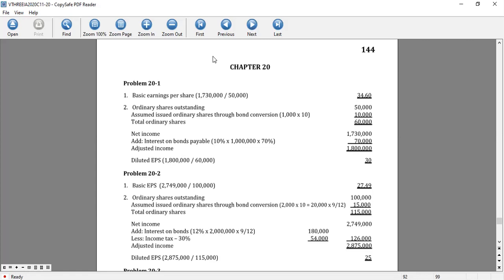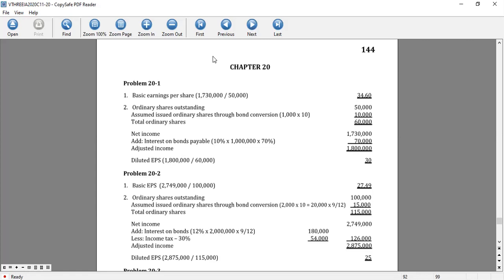We assume that the ordinary shares will arise due to bond conversion, that for 1,000 bonds, you will convert this to 10 ordinary shares.